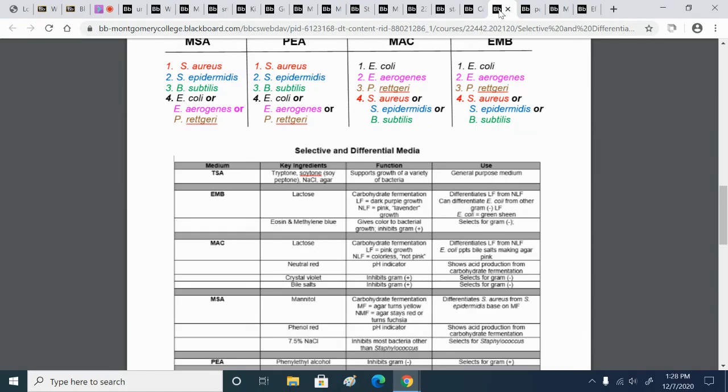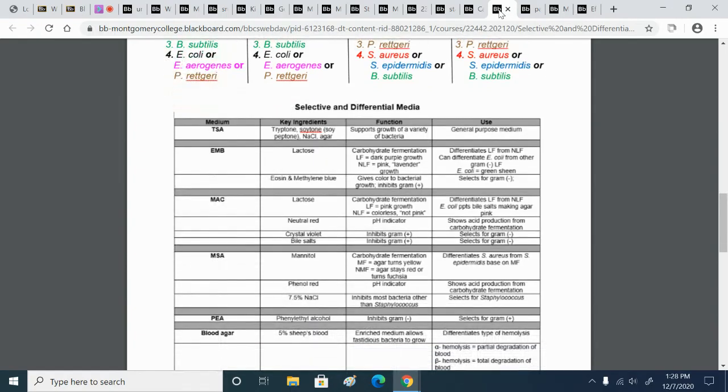For MSA, the mannitol salt agar, MSA is both selective and differential. It's selective because of the high salt. There's 7.5% sodium chloride, which is more than twice as salty as the ocean. And that high salt inhibits a wide variety of bacteria. But the only reason we ever use MSA is to grow Staphylococcus.